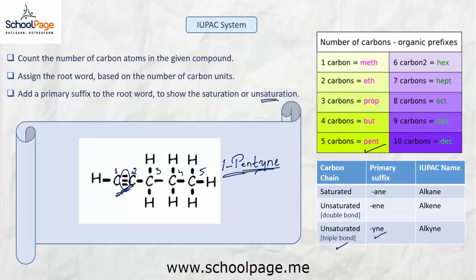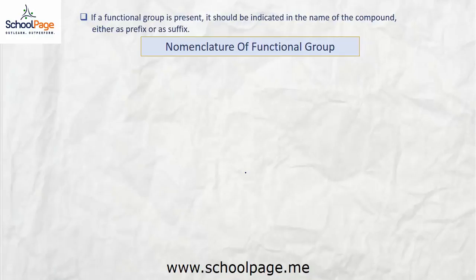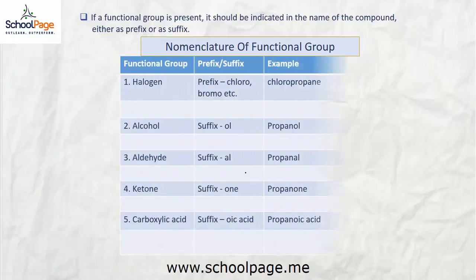Let's move on to the next important rule. If a functional group is present, it should be indicated in the name of the compound either as a prefix or as a suffix. Recall the functional groups which we studied in our previous video. They were halogen, alcohol, aldehyde, ketone and carboxylic acid.